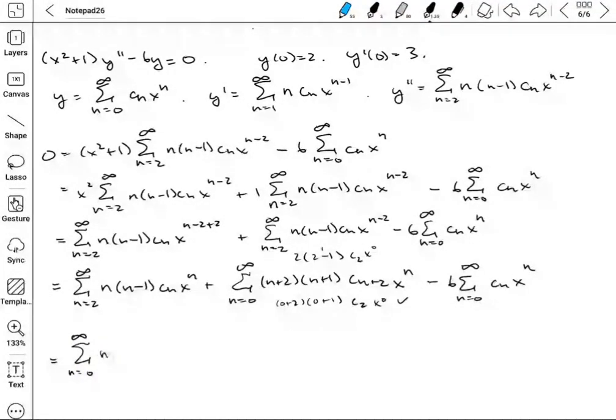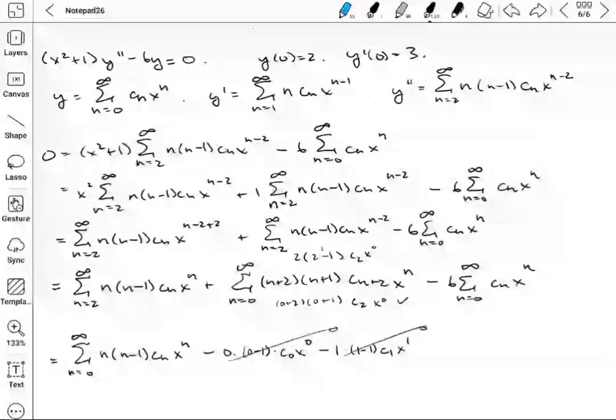So now that the x's are the same, we want the initial index to be the same. So we just change the first to have initial index 0, and then we take away the two new terms we've introduced at n equals 0 and n equals 1. But those are both 0, so it actually doesn't change anything. And I just want to pause here and mention real quick that if you wanted to, you could switch everything to starting from n equals 2.